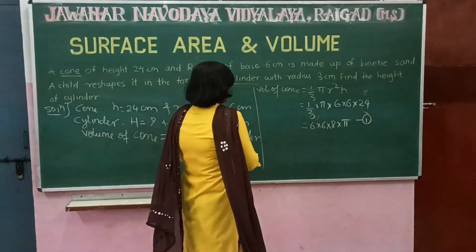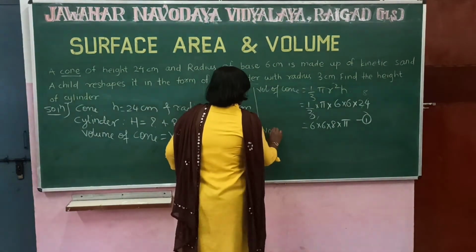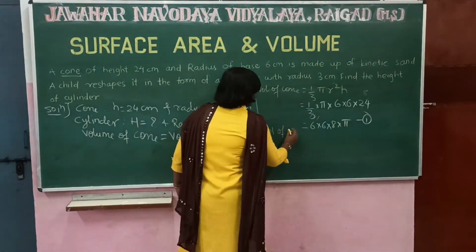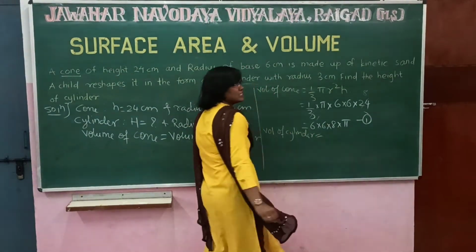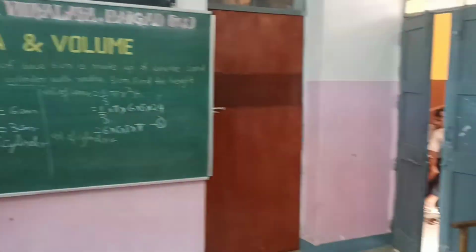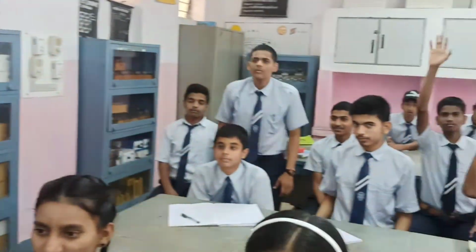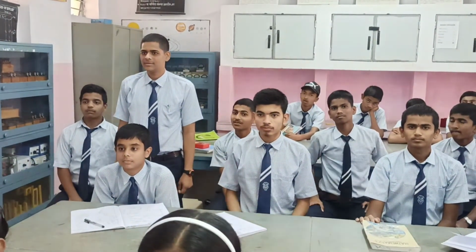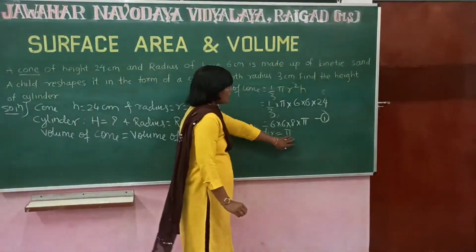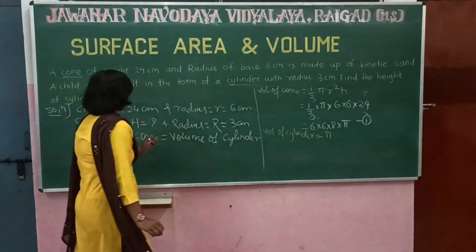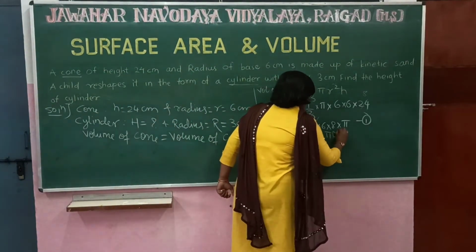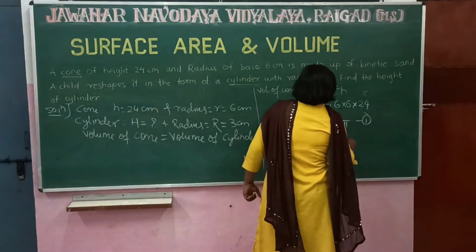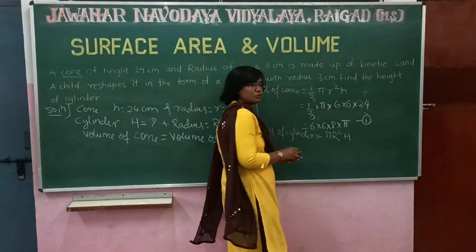Now let us write the formula for the volume of the other solid figure, that is the cylinder. Yes, someone? Yes, Aditya. Volume of cylinder is equal to pi r square h. Very good. Here I will use the value of r as capital R, and h is also capital H. Now substitute it.